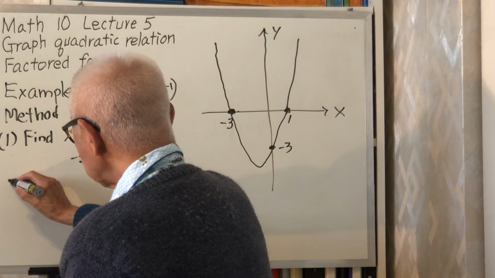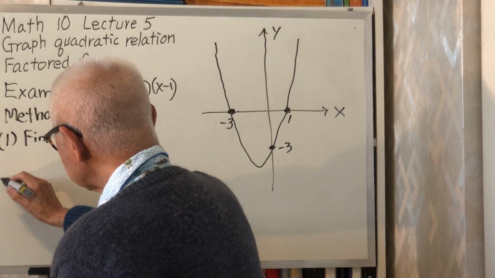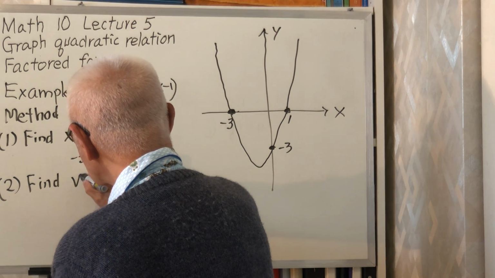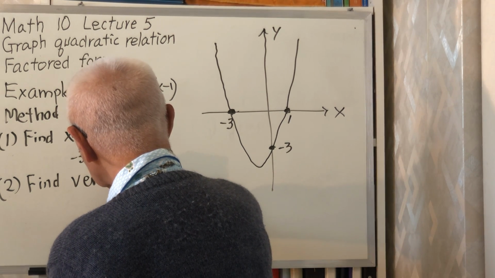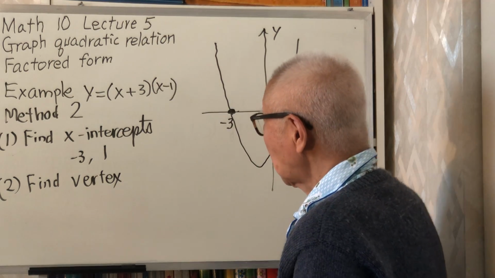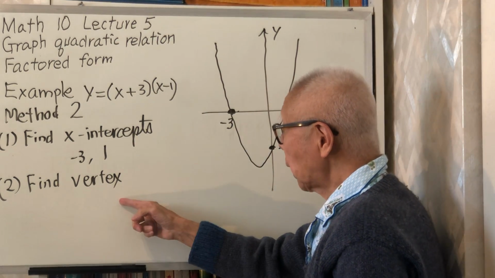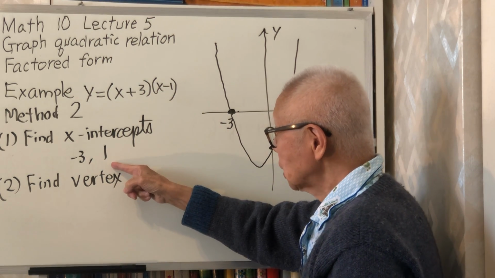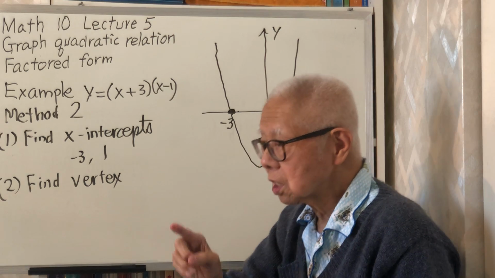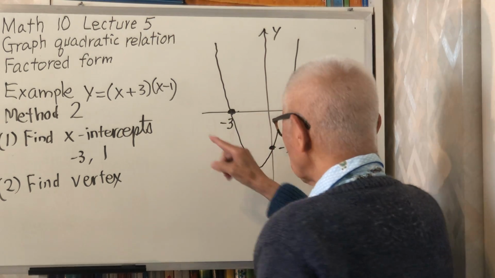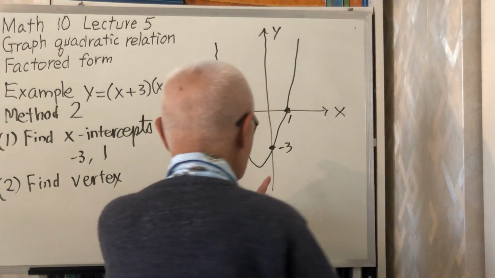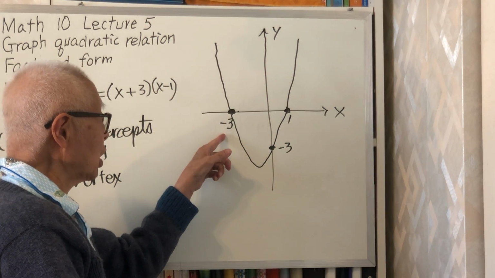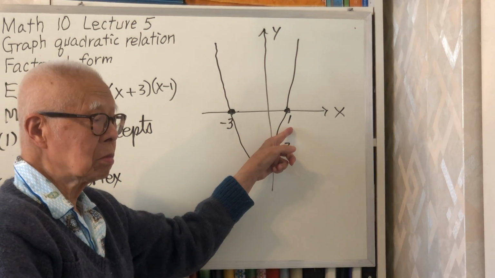But the second step is not to find the y-intercept. Find the vertex. The vertex must be between the two x-intercepts. It's not only between, it is midway. Look, the vertex has to be midway between -3 and 1.